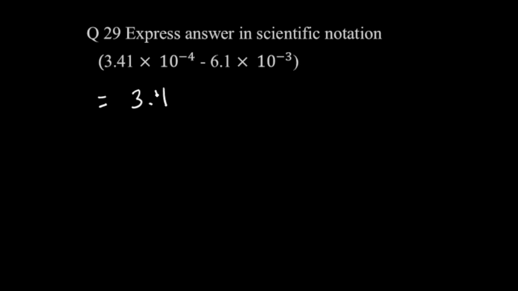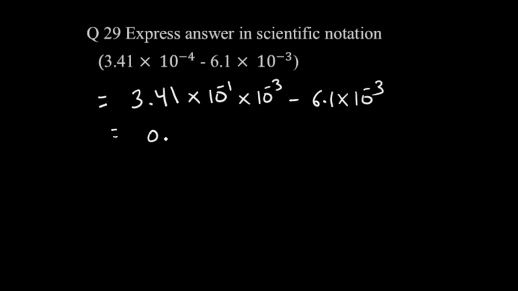In this question we're gonna make same power 10 to the power minus 3. 3.41 multiply 10 to the power minus 1 multiply 10 to the power minus 3 minus 6.1 multiply 10 to the power minus 3. 3.41 multiplied 10 to the power minus 1 means 0.341 multiplied 10 to the power minus 3 minus 6.1 multiplied 10 to the power minus 3.